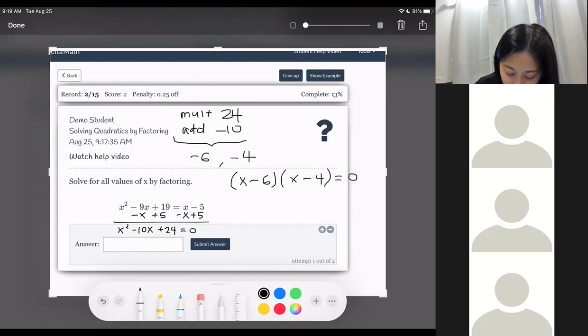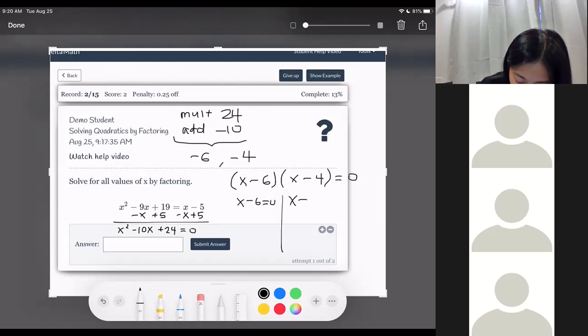And then finally, x minus 6 equals 0, and x minus 4 equals 0. Solving for x, you get x equals 6 on this side and x equals 4 on that side.